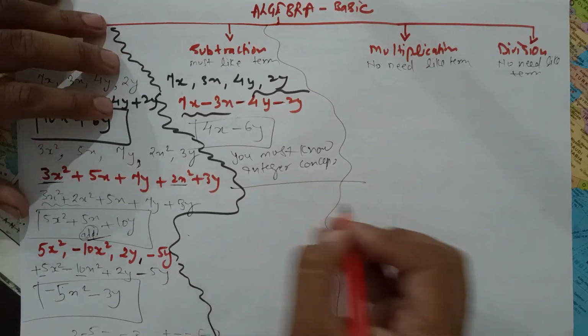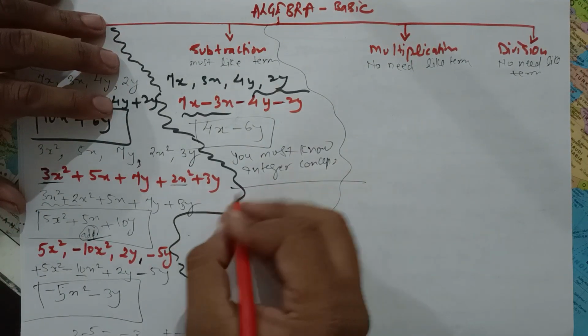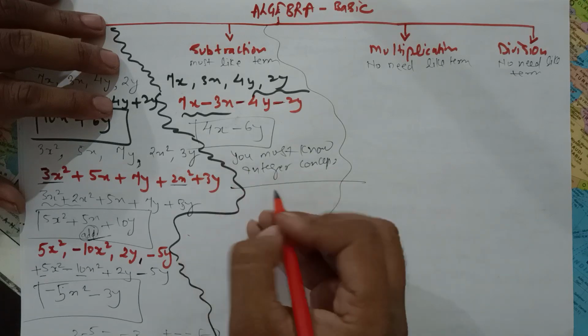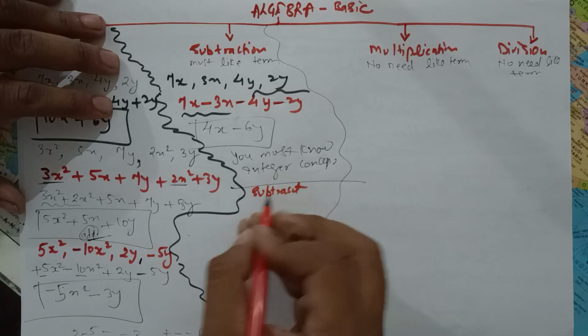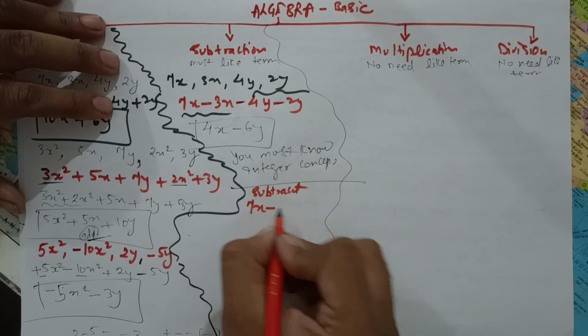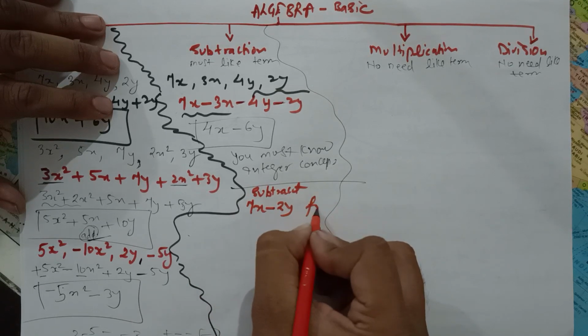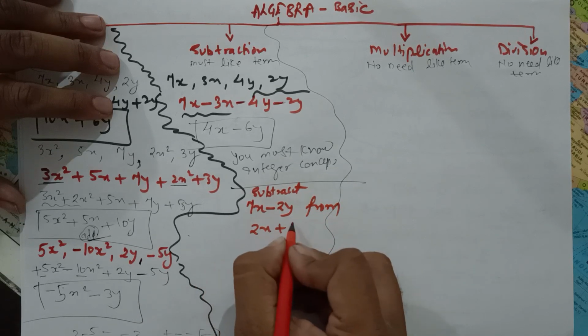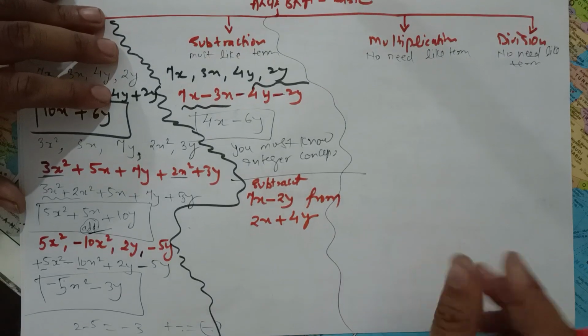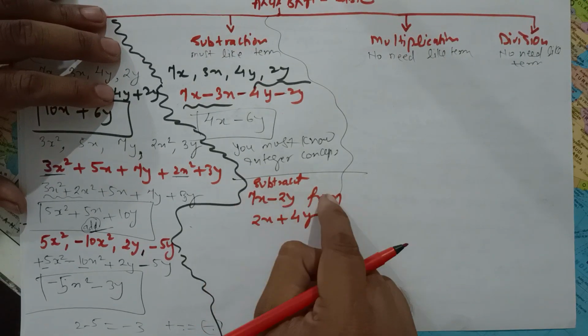So these are the subtractions of algebra. If you are given a question like this, subtract 7x minus 2y from 2x plus 4y, you have to subtract this from this.